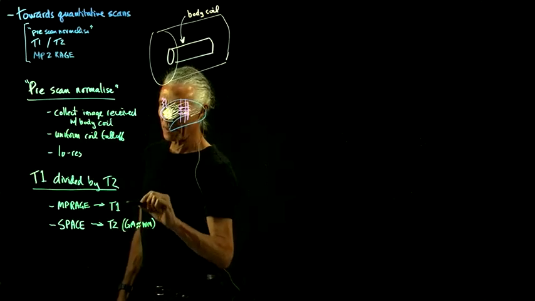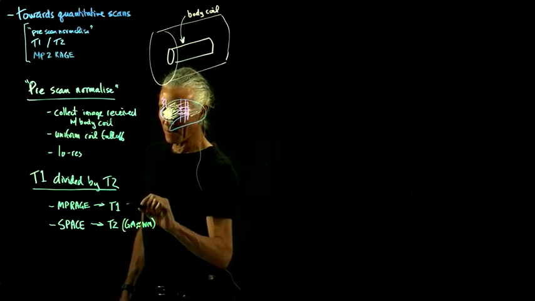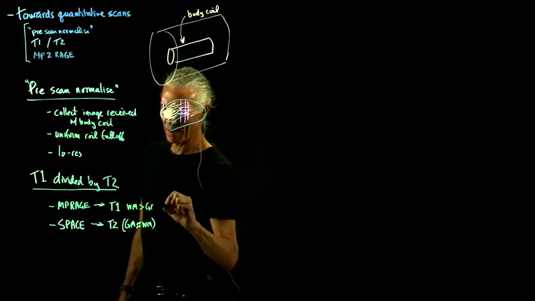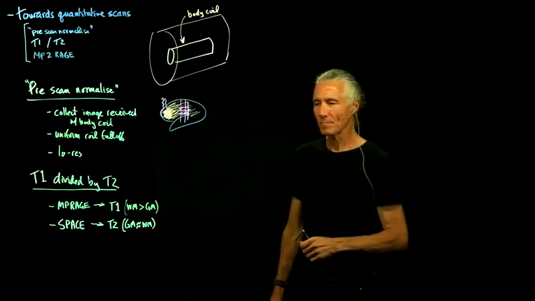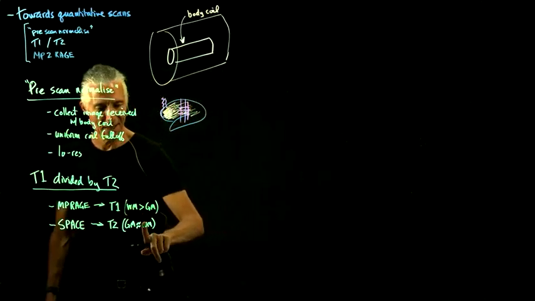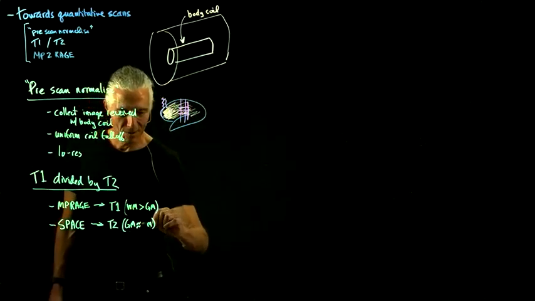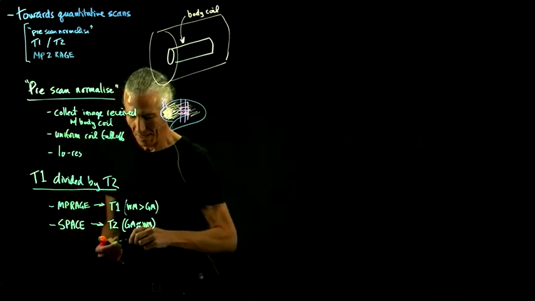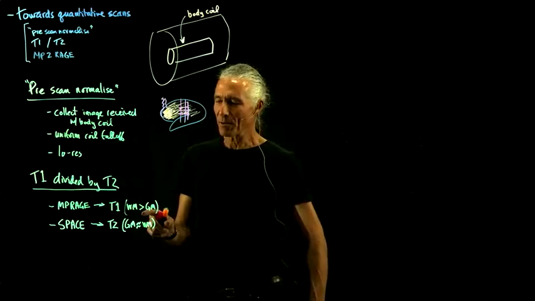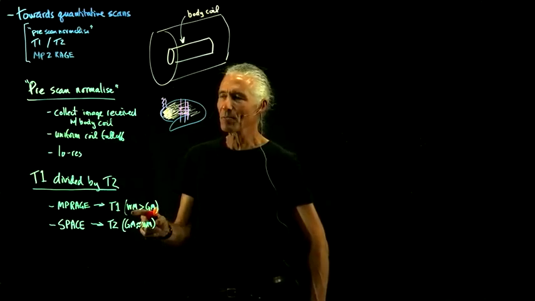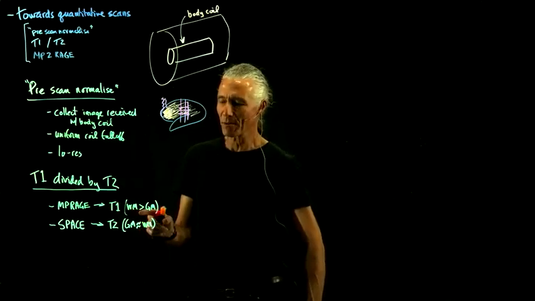So in a T1 weighted scan, white matter is lighter than gray matter. Notice it's reversed. White matter is brighter than gray matter because the T1 of white matter is shorter than gray matter.